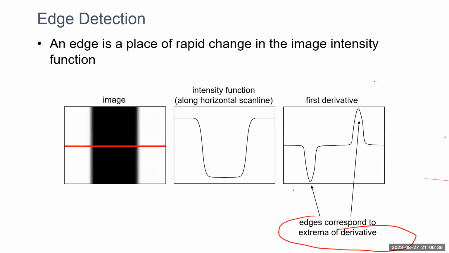How do we find rapid changes in image intensity? By taking the differentiation of the intensity function. Once you get the derivative, you can figure out the rate of intensity variation. There will be extrema of the function, and these will correspond to the edges, right?